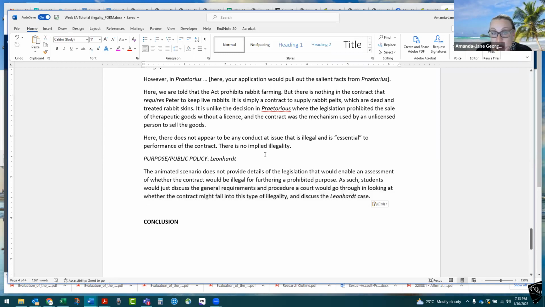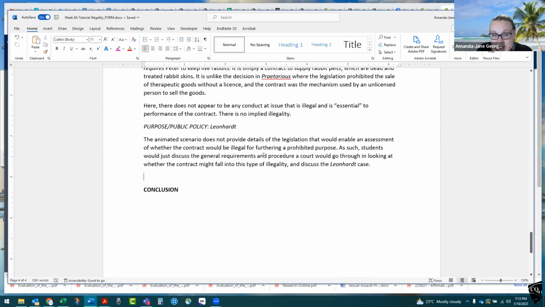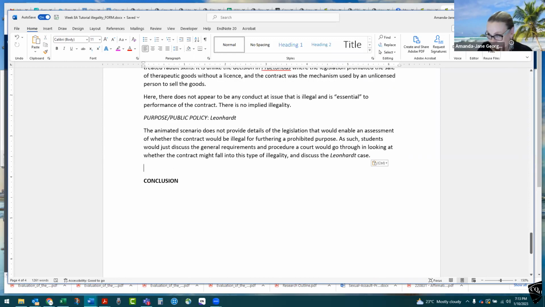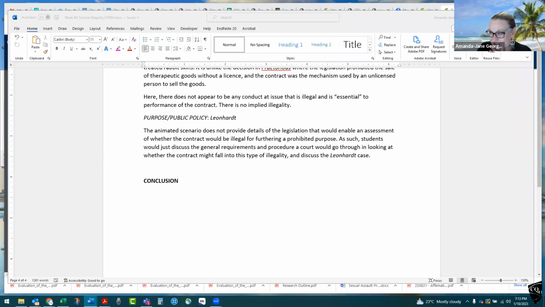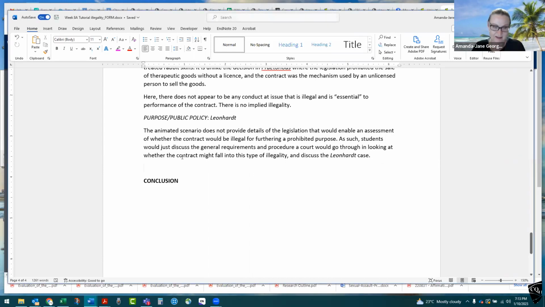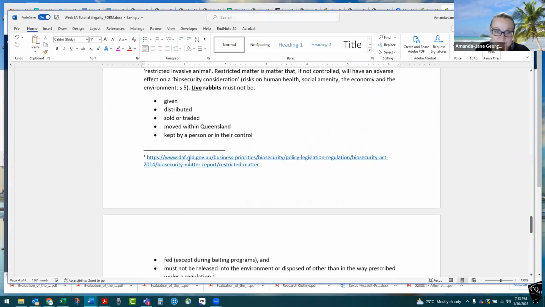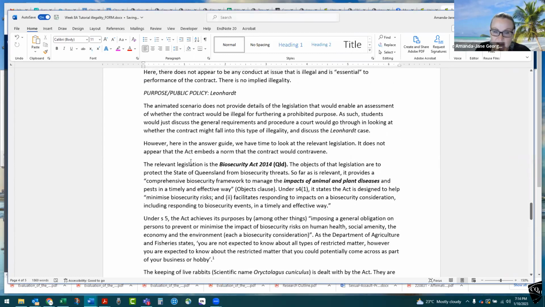Okay. I did do some digging if anyone has a burning need to know. The actual legislation is the Biosecurity Act of 2014, just in case anybody really wants to know. And it does actually make keeping rabbits illegal. You can read up on this in the answer guide.